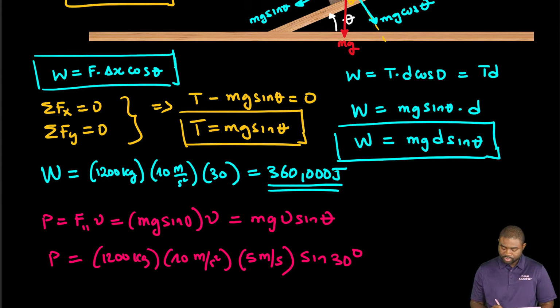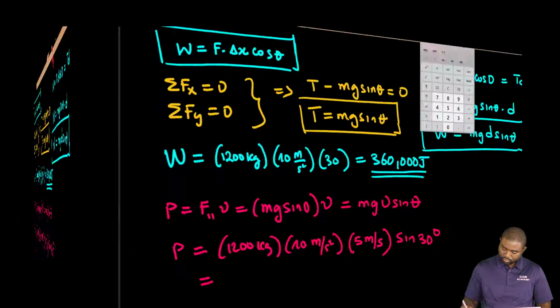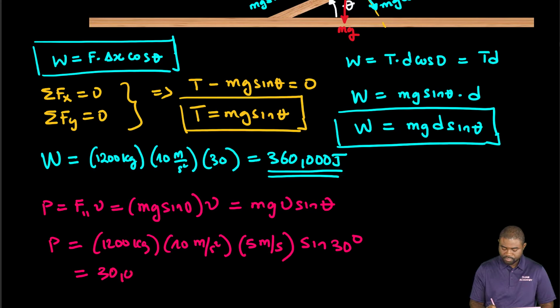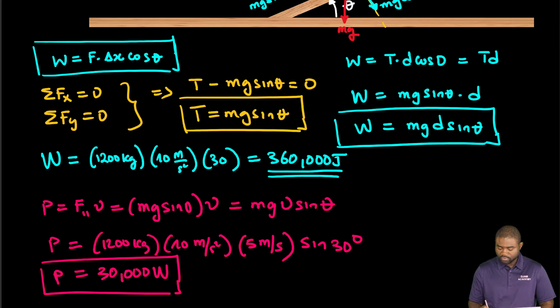If we perform all the calculations, sine 30 is half, multiplied by 5, multiplied by 10, multiplied by 1,200. That gives us 30,000 watts. So P is 30,000 watts.